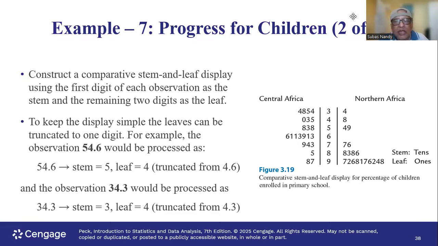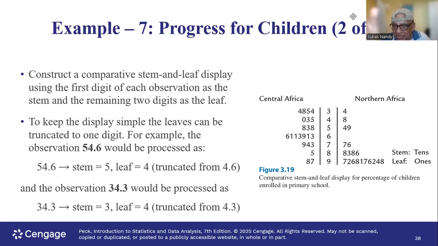But if you look at the distribution of leaves in each of these areas, Central Africa and Northern Africa, you will see a lot of leaves in the stem of 9 for Northern Africa. For example, in Northern Africa, with a stem of 9, it starts from 92 and goes as high as 98.